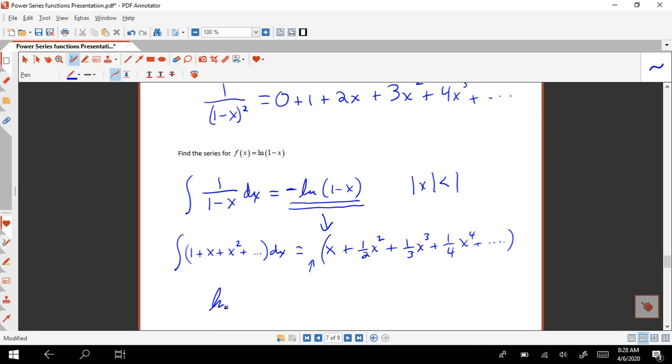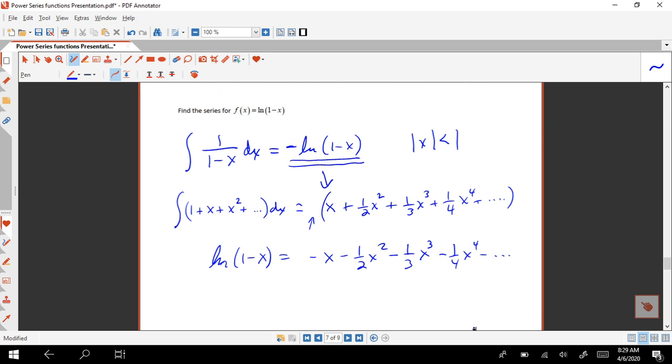Your natural log of 1 minus x has got to be equal to the series, and so on. And so now we found that particular series for that function.